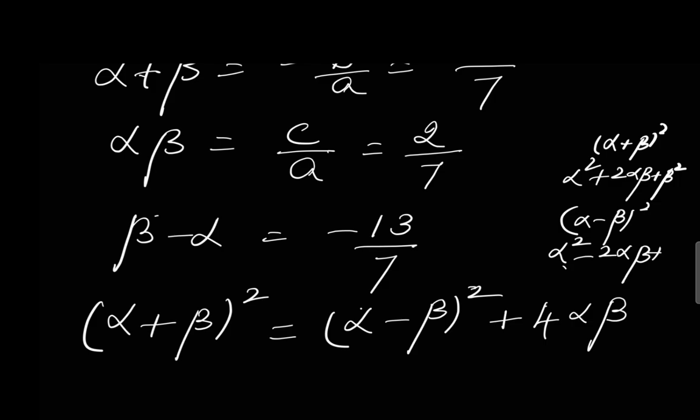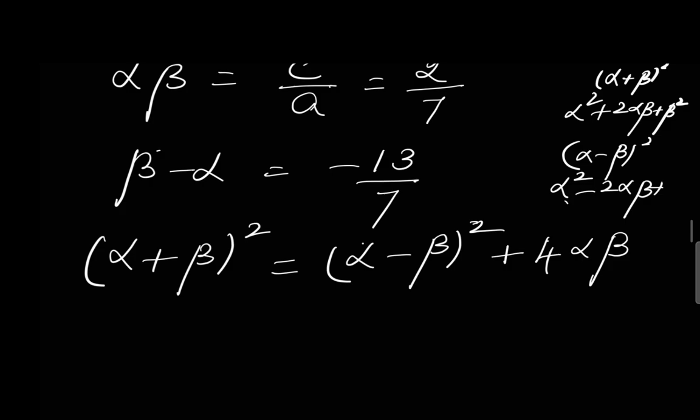In this case these two statements become equal. If you expand here, alpha square plus 2 alpha beta plus beta square. This is alpha square minus 2 alpha beta plus beta square. Minus 2 alpha beta plus 4 alpha beta becomes 2 alpha beta. So these two statements are equal.